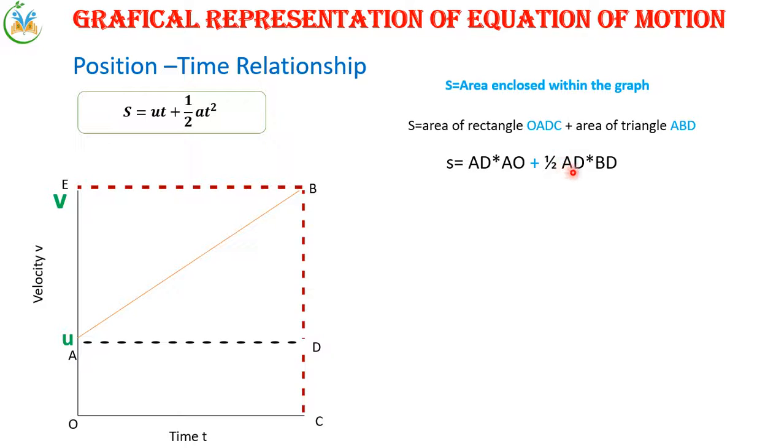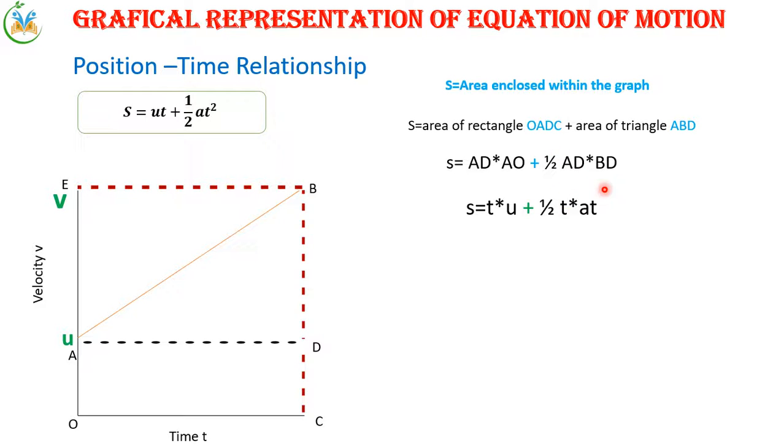Similarly, half AD is t. Now what is BD? BD we don't know, so let it be like that. Instead of AD we took t, AO is u, half AD is t, and what is BD?